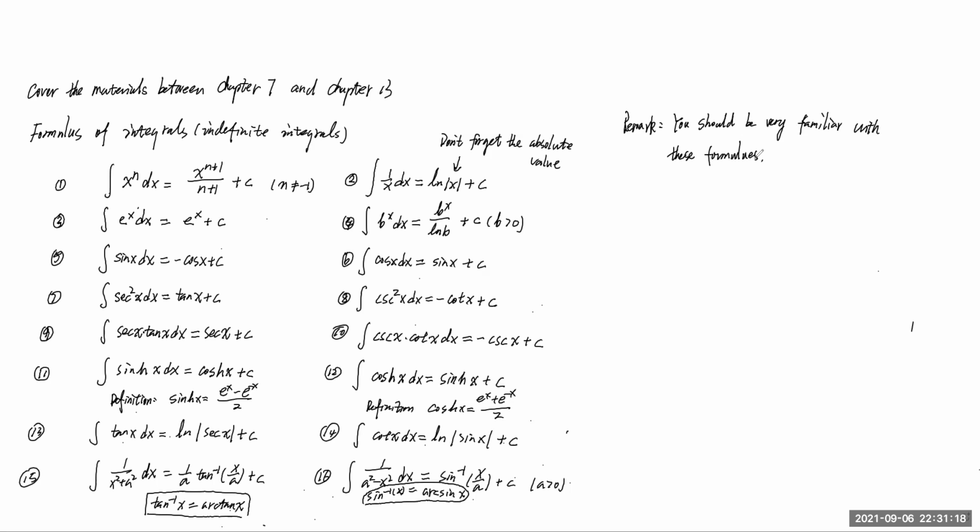Our procedure is like this. We have a very complicated function, and in this course, I teach you some techniques or skills, and then you convert that complicated function into the standard function listed here, and then you can get the antiderivative directly. I hope you understand me. These formulas are very important.